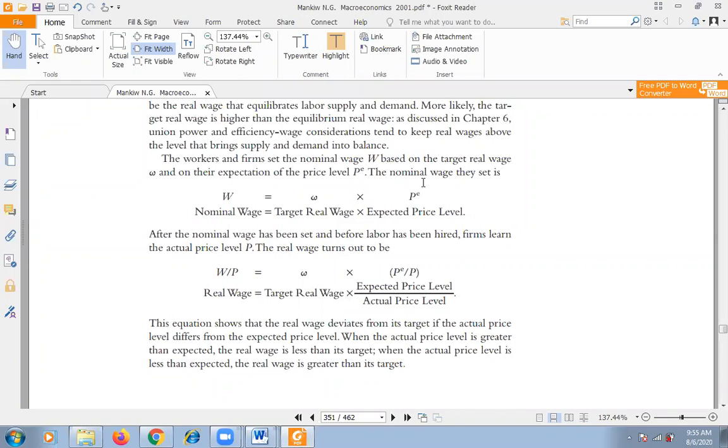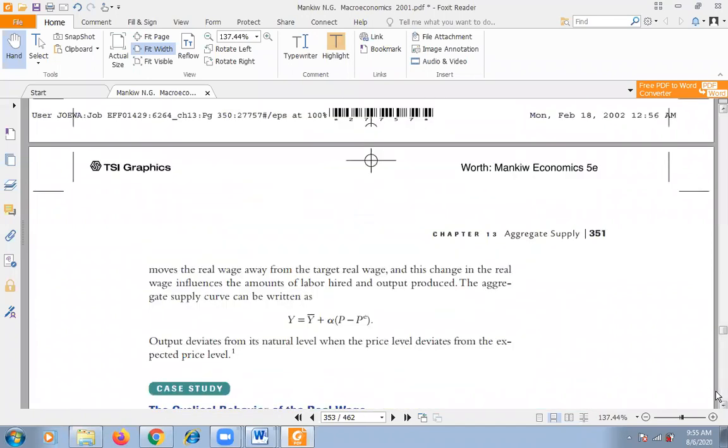Now, from the nominal wage, we derive the real wage. How? By dividing both sides by the general price, the actual price level, and we get the real wage. This price level is the actual price level. As this actual price level increases, the aggregate supply level increases. That is the point.